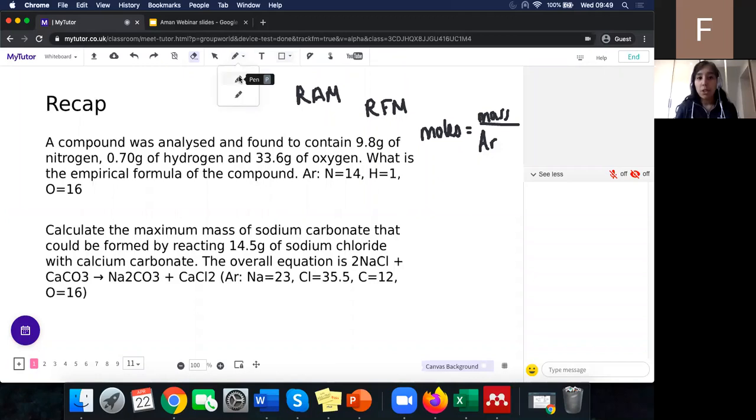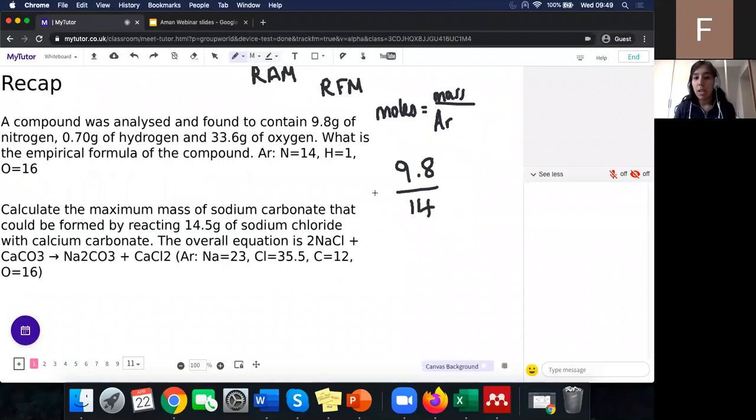We can use the masses of elements to help us by calculating the moles of each element. If moles equals the mass over the Ar, then for nitrogen with a mass of 9.8 grams, the moles will be 9.8 divided by 14. If anyone's got a calculator, tell me the number of moles.